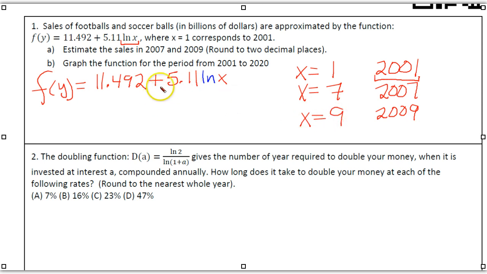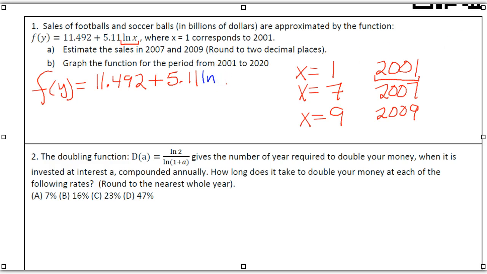So then it's just a matter of plugging in for this estimate of sales in 2007. We're going to plug the 7 in right there.